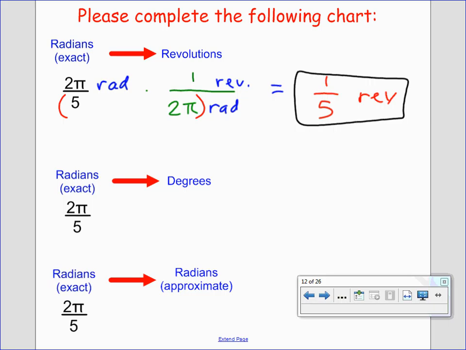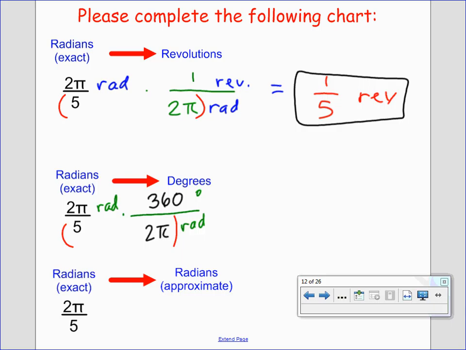2 pi over 5 exact to degrees. Again, start with the thing that I don't want. I want to get rid of radians. I want to go to degrees. And in 360 degrees, there are exactly 2 pi radians.